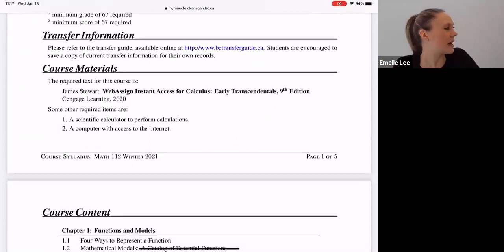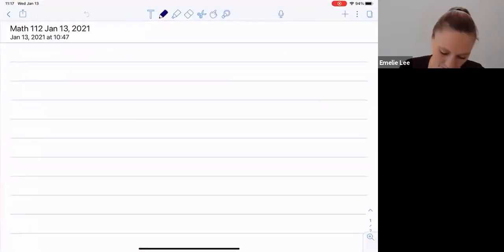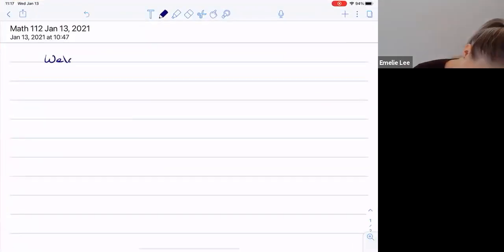I don't even have the textbook. I have the ebook, and I think I have the 8th edition. But as far as I could tell, no sections were changing. But we'll be using the 9th edition for the Webassign. The Webassign should be $99. Now let me write that down for you guys here. So welcome to Calculus.